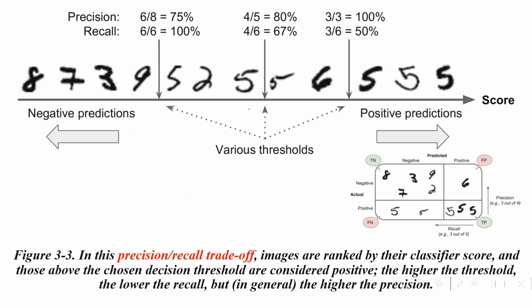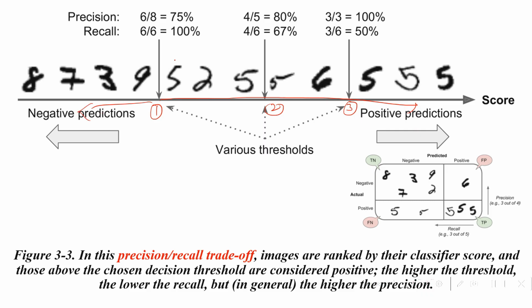So, for example, here is the precision recall trade-off based on one threshold value. There are three threshold values here: this is threshold 1, this is threshold 2, and this is threshold 3. From this one, above are positive class and below are negative predictions.